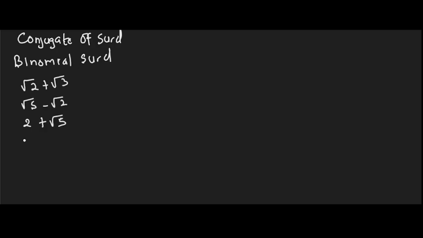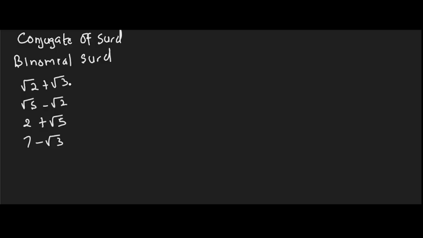Before we take conjugate of surd, let's quickly discuss what we mean by binomial surd. Examples of binomial surd are root 2 plus root 3, root 5 minus root 2, 2 plus root 5, 7 minus root 3.